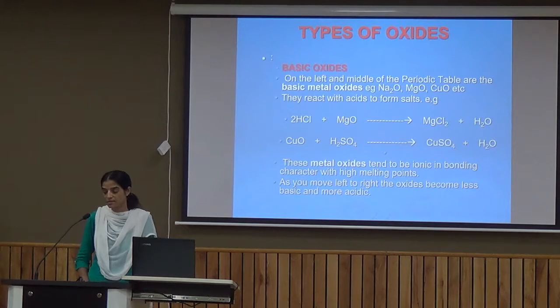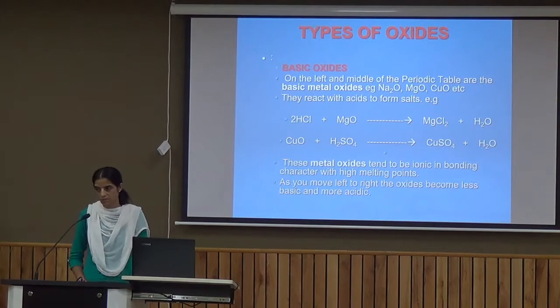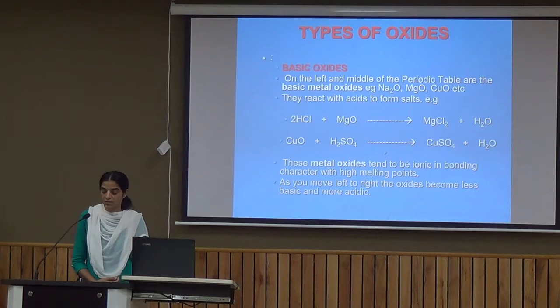Then oxides and their types, an important part of the chapter because questions generally come from this portion. Basic oxides relate to the position in the periodic table. We will not go into the details of the periodic table here. We will just try to understand these metallic oxides named here: sodium oxide, magnesium oxide and copper oxide.